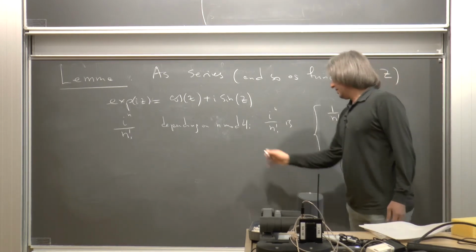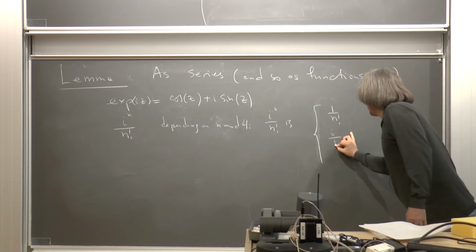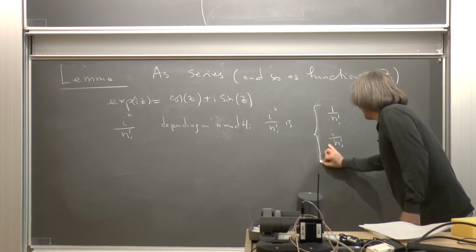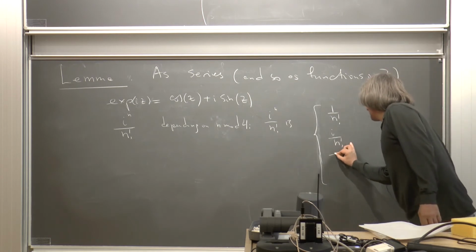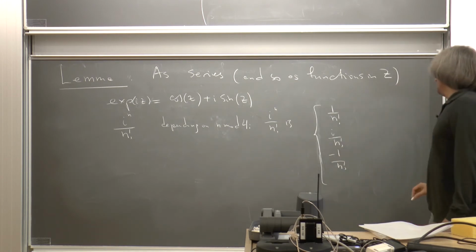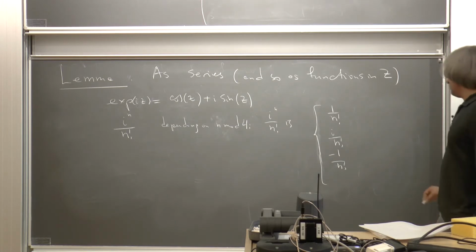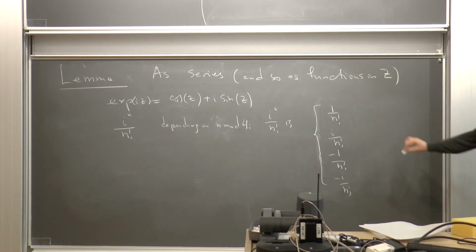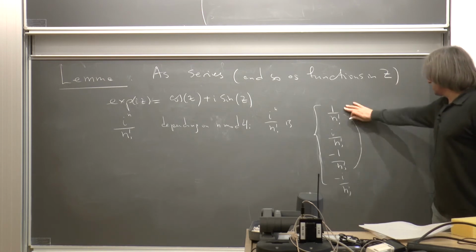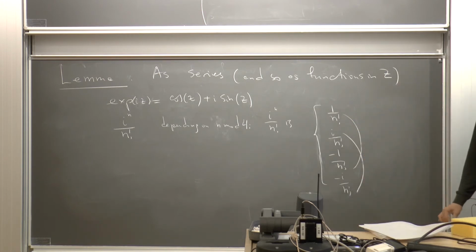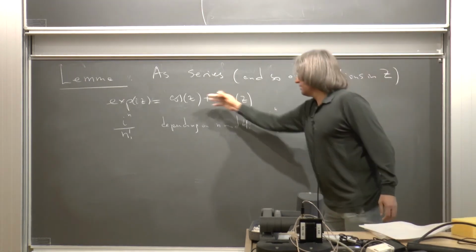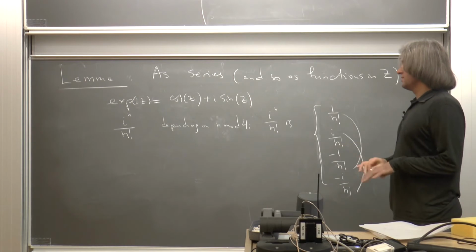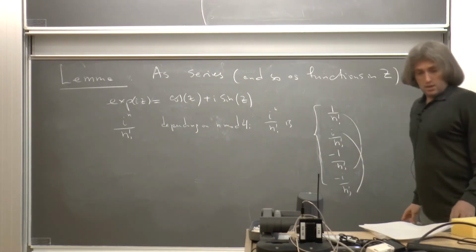If n is 1 mod 4, then it's i over n factorial. If it is 2 mod 4, then it's minus 1 over n factorial. And if it is 3 mod 4, then it's minus i over n factorial. So then it's clear that these two contribute to cosine, these two contribute to i sine. So we get both the switching of the signs and we divide the whole sum into two groups.